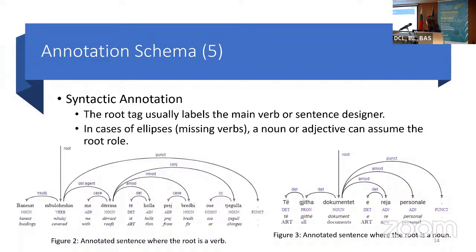This is another example of the annotation of 2 sentences in the Albanian language. In this case, the examples show the use of the root. In the first example, the root is the verb, but when the root is missing, so when the verb is missing, we have used, in this case, as the root of the sentence the noun.